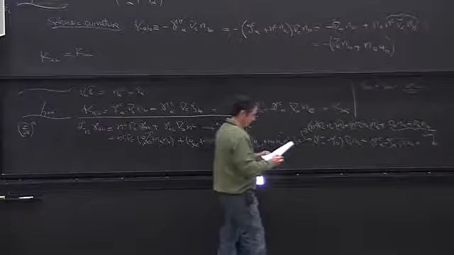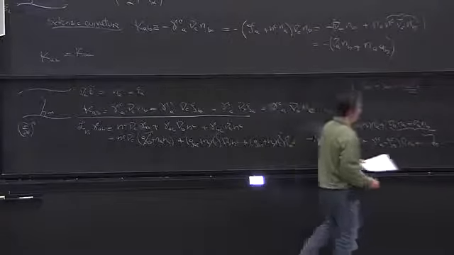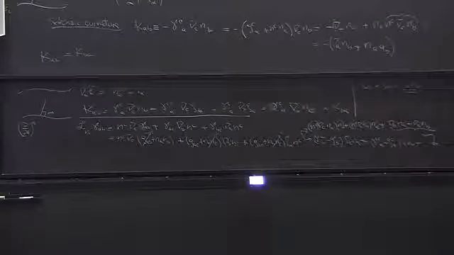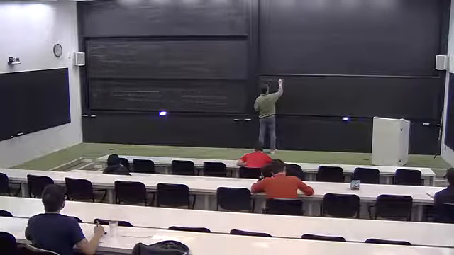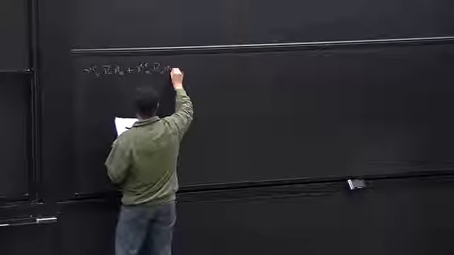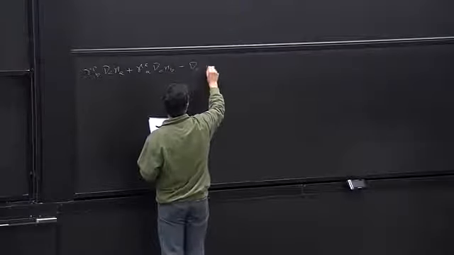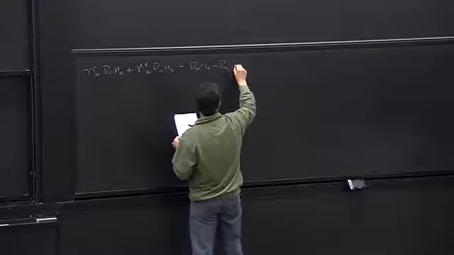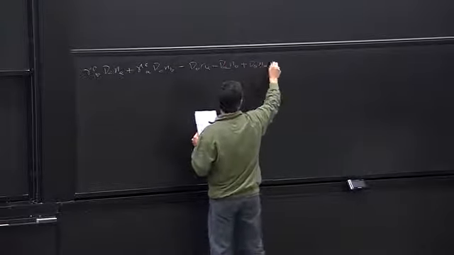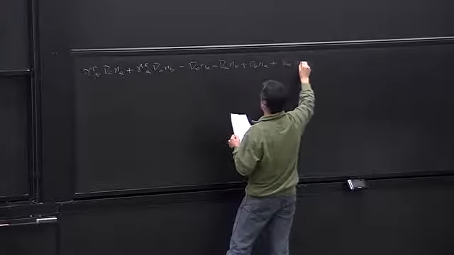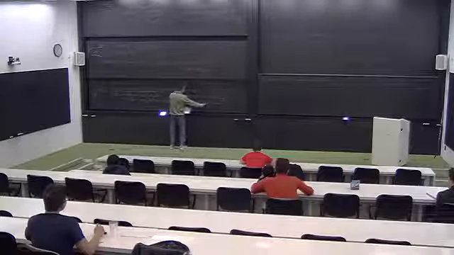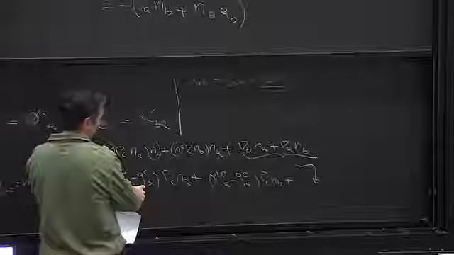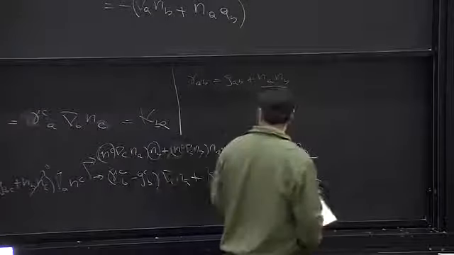And I can distribute this. Let me just write it here. So the first one, I pull the terms that have gamma first, and then use the metric to lower, to just contract the indices.